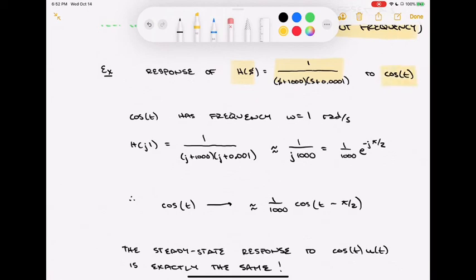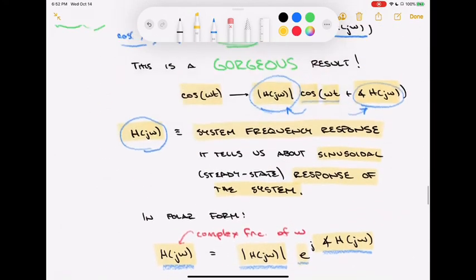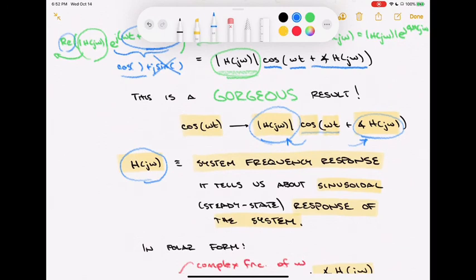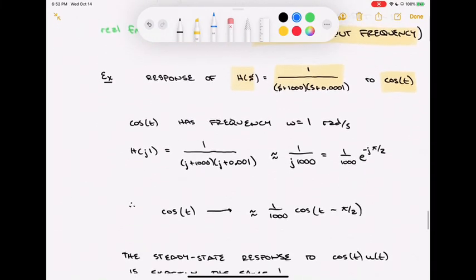Because this system is a linear time invariant continuous system, we already know the result back up here, that a cosine in is going to come out as that same cosine, same frequency. It's just going to get modified in magnitude and phase. So I need to know the frequency response information of this system for the frequency of input to the system.